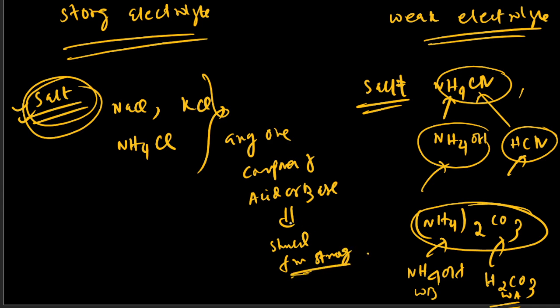If both belong from strong, then also it's fine, but at least one component should belong from strong acid or strong base, then that salt is known as a strong salt. For weak salts, both the components should belong from weak acids and weak base, then that is considered as a weak salt.